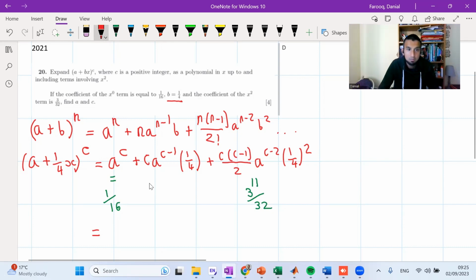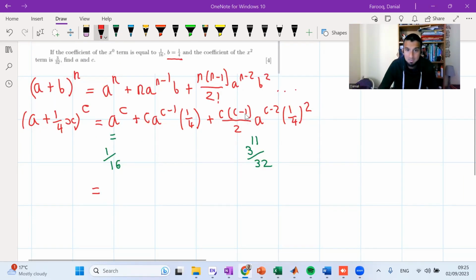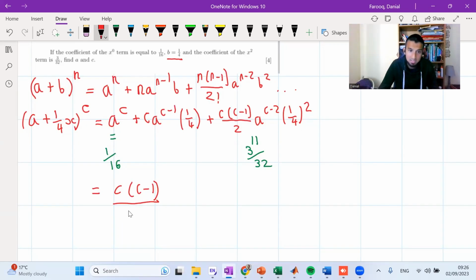So let's simplify this stuff over here. That would be c minus 1. Then the 2 times a quarter squared would actually be 2 times 16, which would be 32. And then this would be a^(c-2).